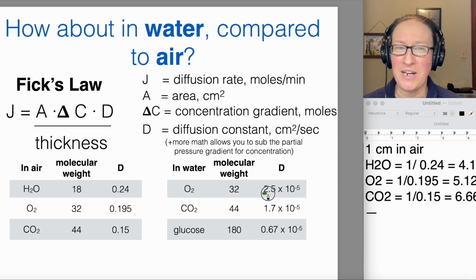In water, we're now at 2.5 times 10 to the negative fifth square centimeters per second. So hopefully you're now thinking in terms of orders of magnitude. That is much, much, much slower through water compared to air. And these values are similar for carbon dioxide and glucose, 10 to the negative fifth for both of those.